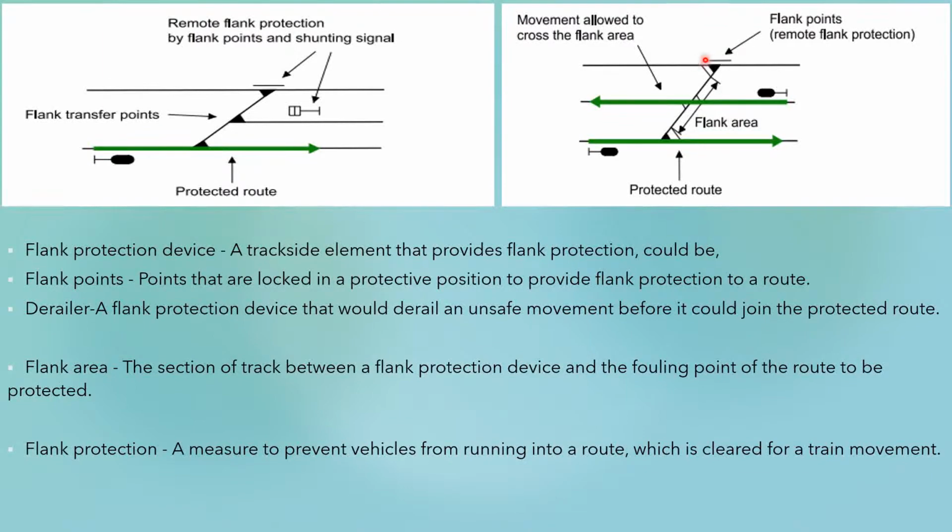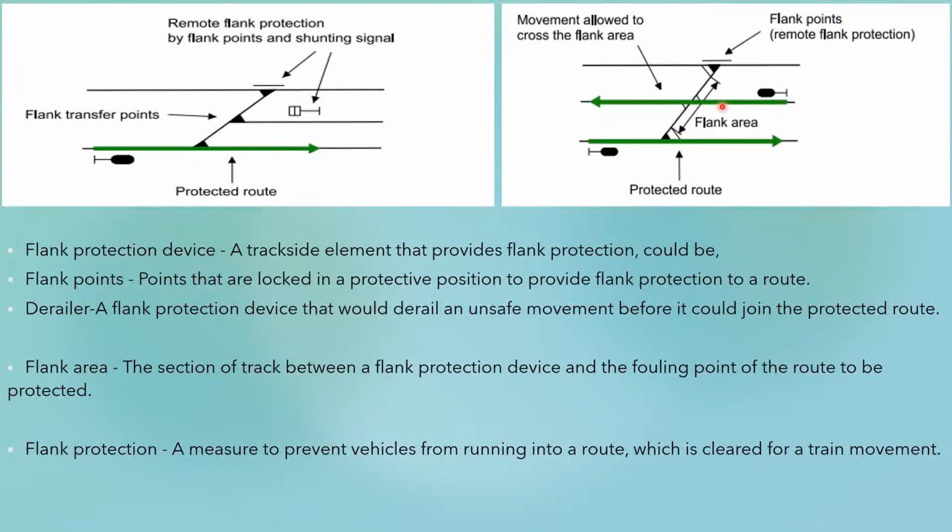So we have a flank point that makes a flank protection for the main line, or the movement authorized on the main line. And here there is a movement allowed to cross the flank area, this one, but it does not have any effect on the movement on the main line. It's a little bit far from the main line and not affecting any movement of the trains over the main line.